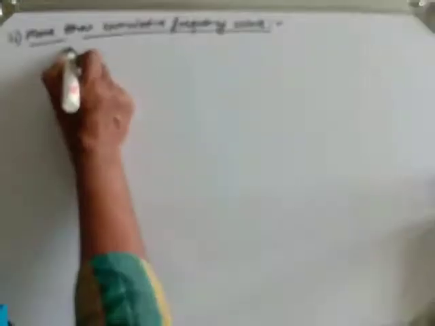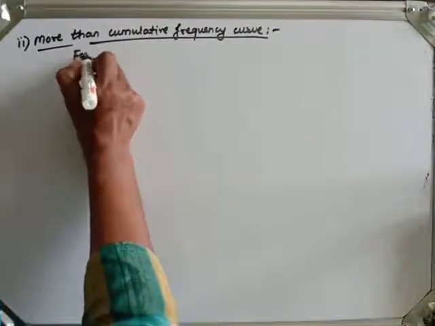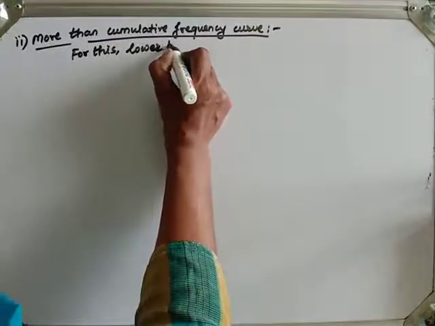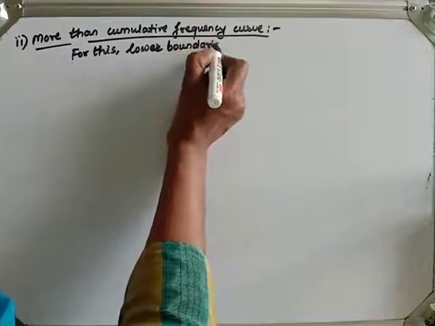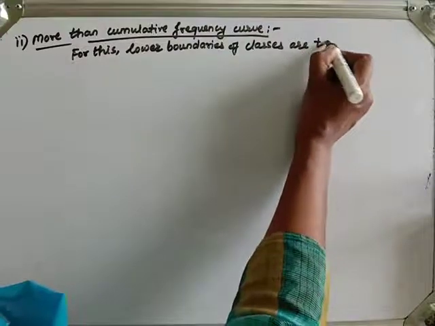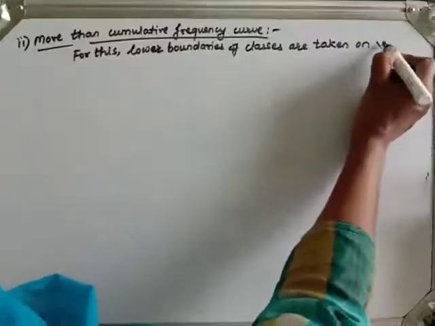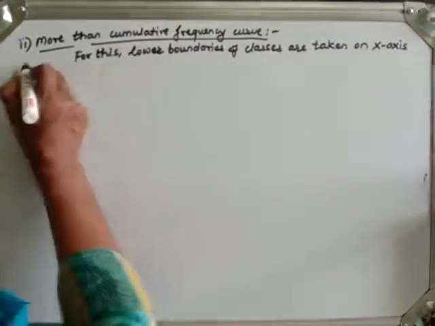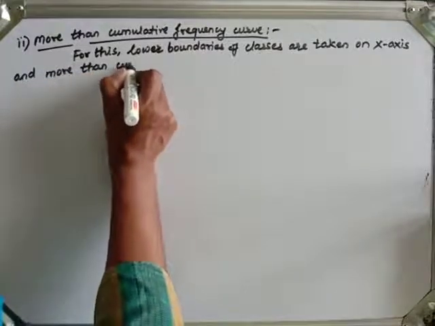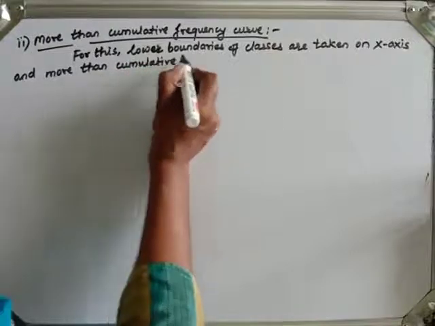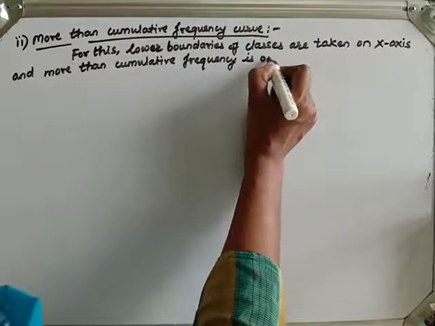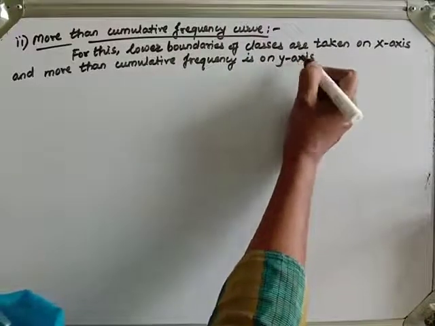For this curve, in less than we are considering upper boundaries, here lower boundaries of classes are taken on x-axis and more than cumulative frequency is on y-axis.